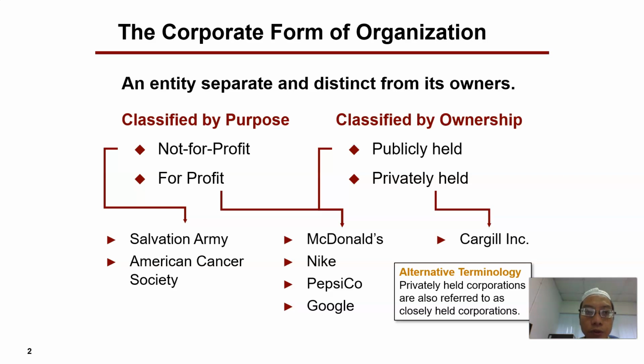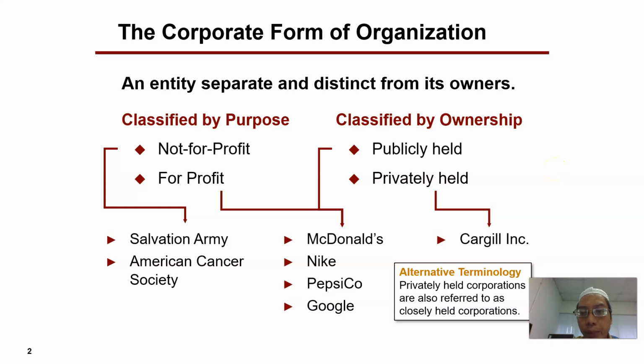Organizations in the corporate form are classified by purpose as well as ownership, because although most corporates are profit oriented, there are also some corporates which are not for profit, but they are still corporates. They are separate from the owners, and can be classified by ownership. There are companies which are publicly held, as there are companies which are privately held.